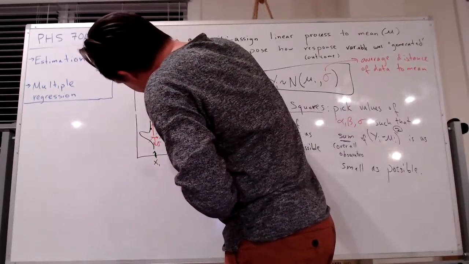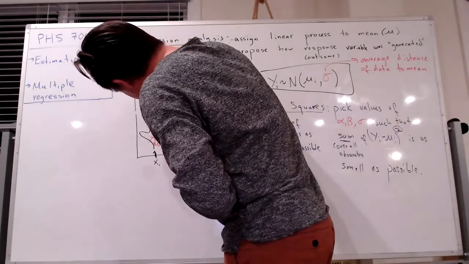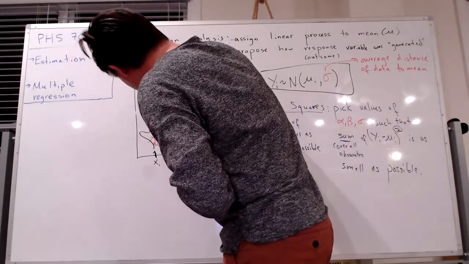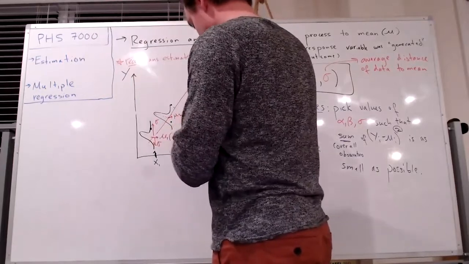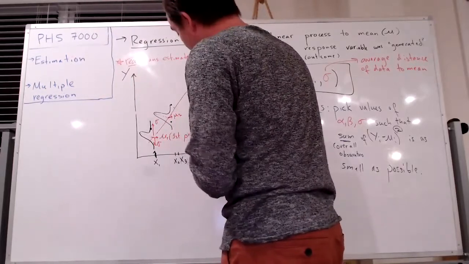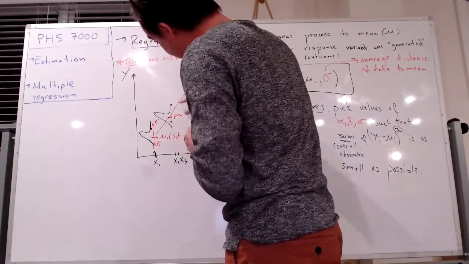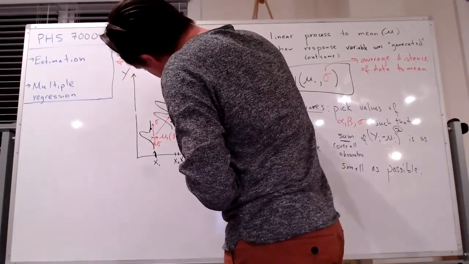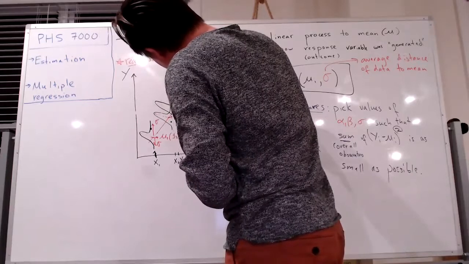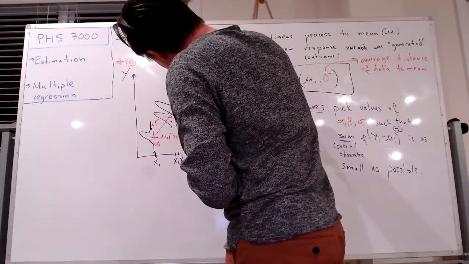That should be a straight line. All right, this is my mu2, and so on and so forth. There's actually a distribution right there as well, and a distribution right there as well.